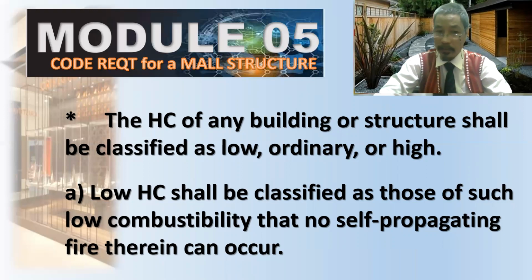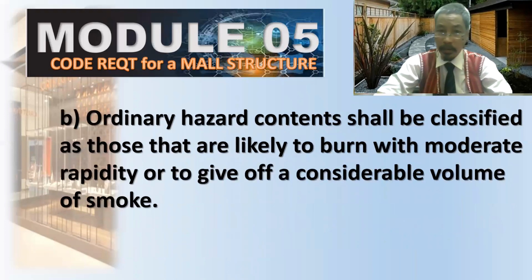Ordinary shall be those areas that are likely to burn with moderate rapidity or to give off a considerable volume of smoke. Those are 2 things that we have to consider because smoke is the main killer and the main cause of fatalities in fire incidents.